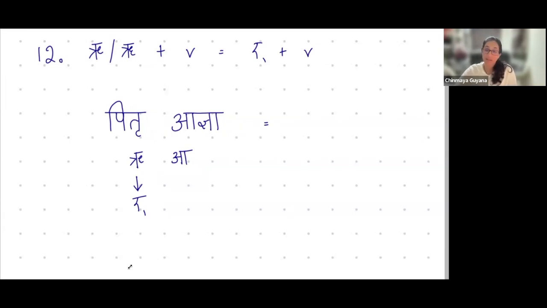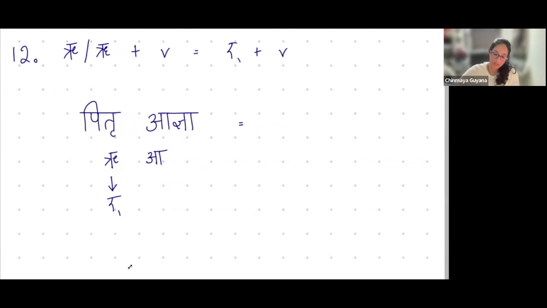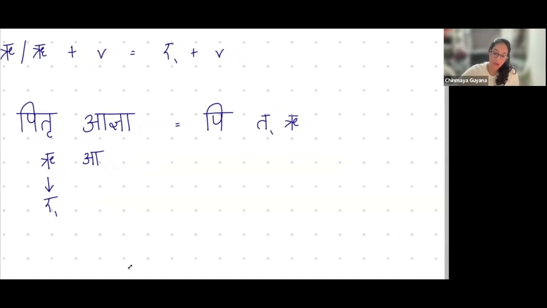Okay. The Pitru Agnya is going to become, now I'm going to break it up. There's P, then there's Tri. Tri is made of Ta halant and R. Then there's A. Then there's Nya. Correct?